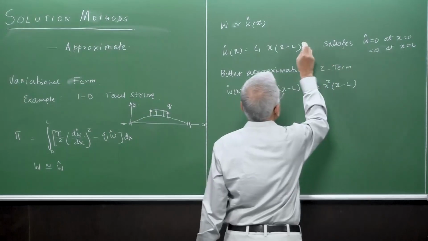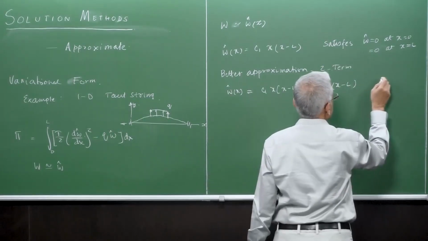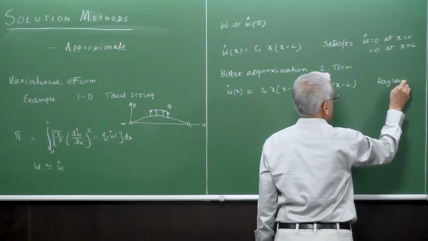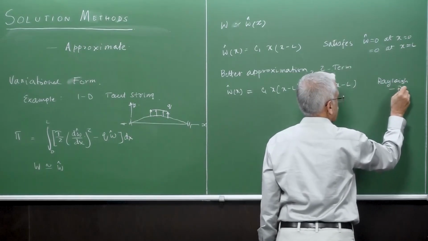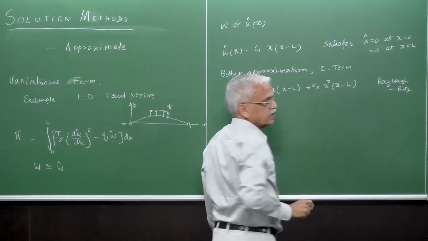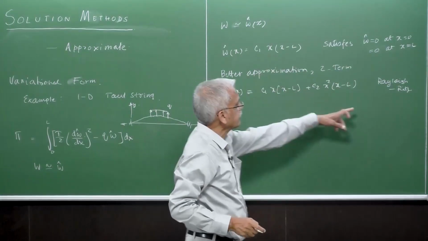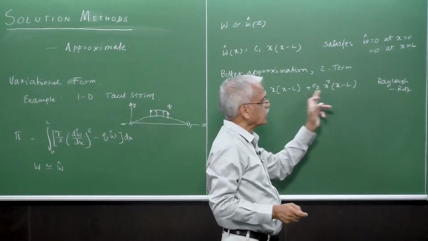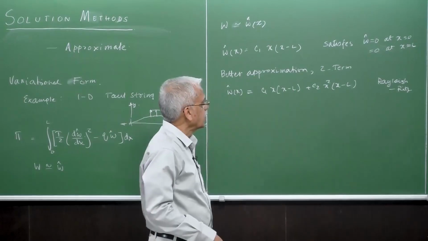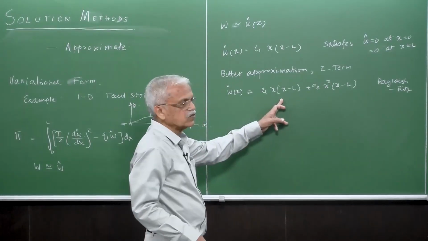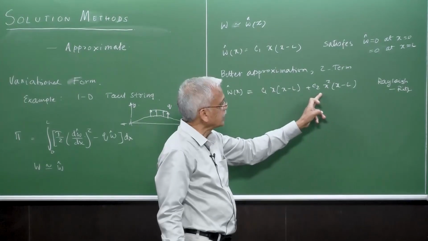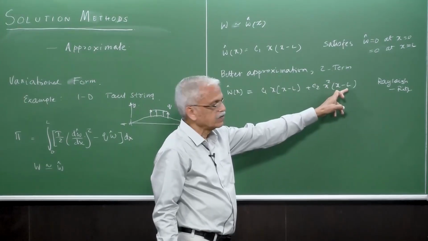So if this is Rayleigh, the one-term approximation is the original classical one, which is modified by Ritz to include more number of terms and making it more general. So what is the improvement in this one? This is two terms, which has one more term here, C2 multiplied by x square into (x minus L).